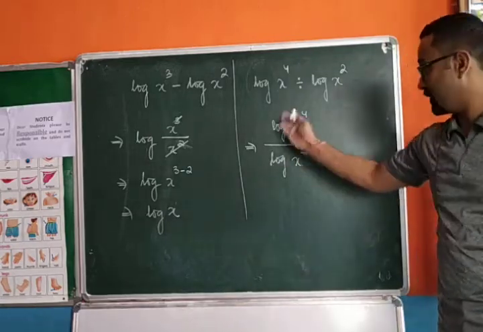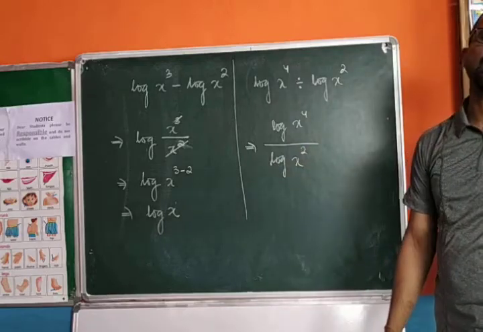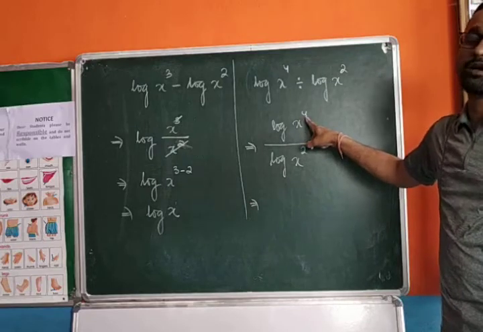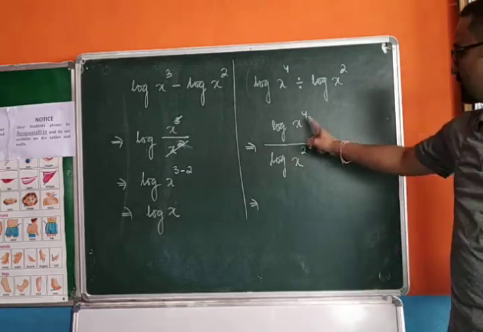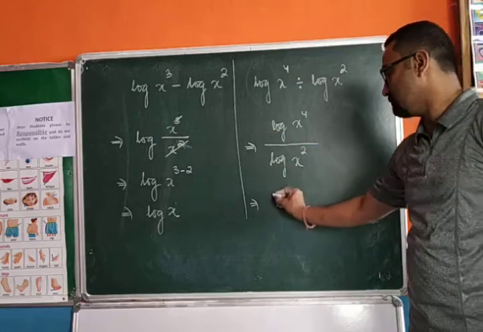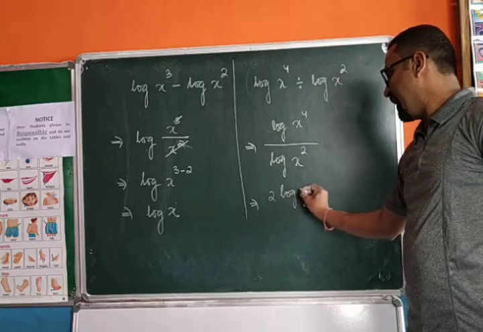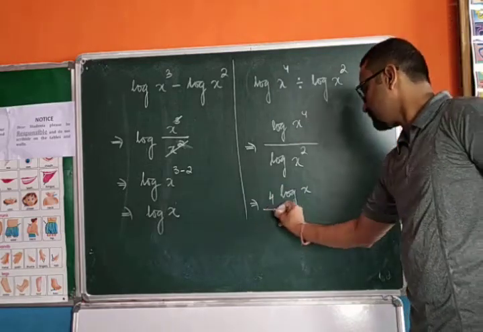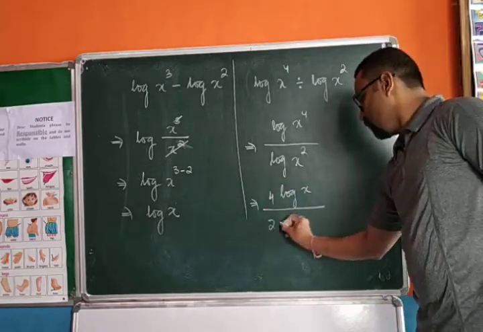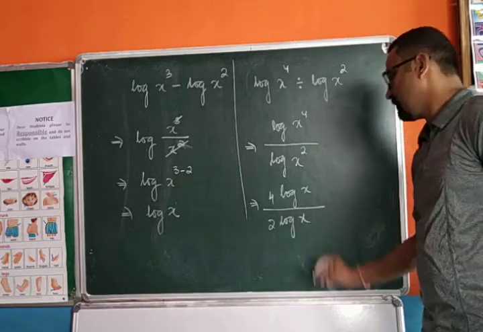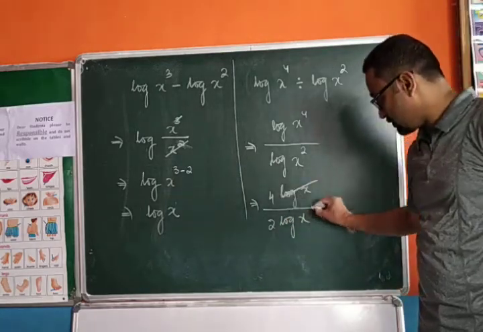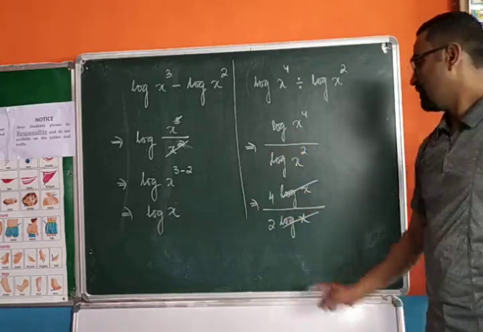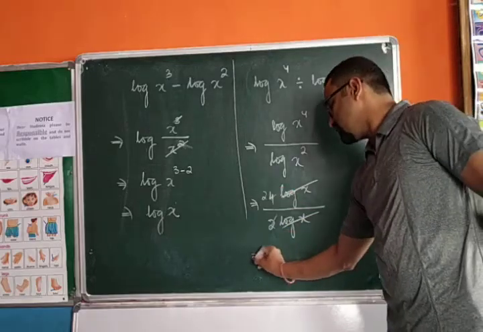Now we proceed. We cannot cancel log directly. You have an exponent, that means we are applying power law here. This power will come in front of the logarithm. 4 log x over 2 log x. Now we can cancel log x. You cannot cancel only log here. 4 over 2, answer is 2.